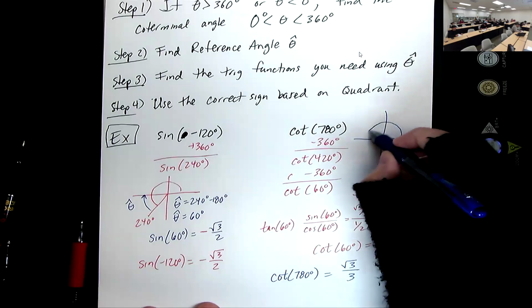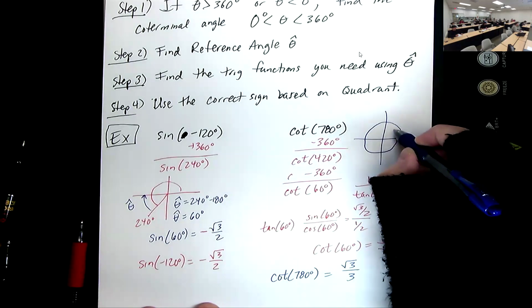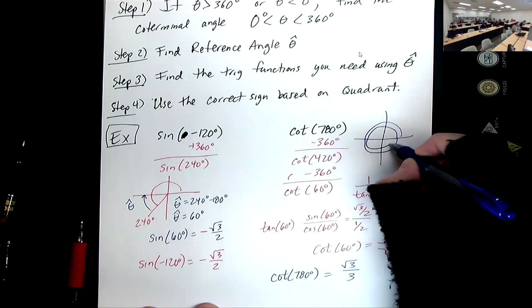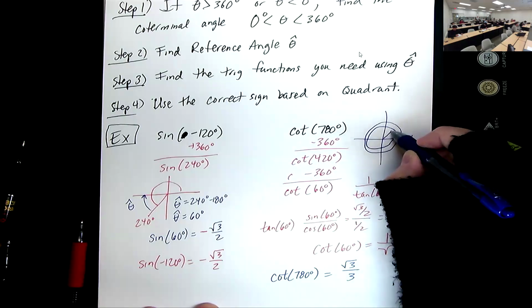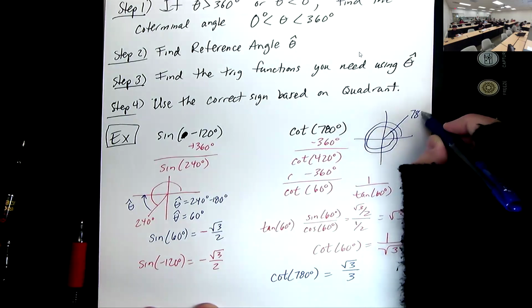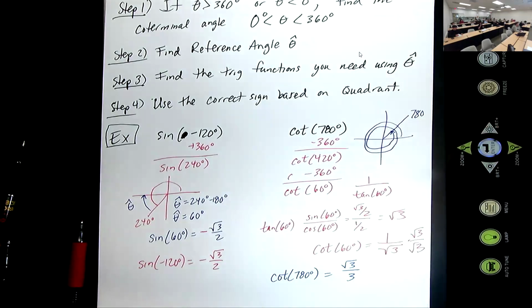So 780 is like going around twice and another 60 degrees.